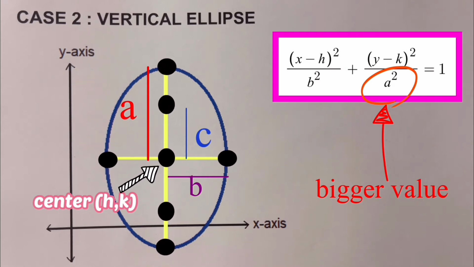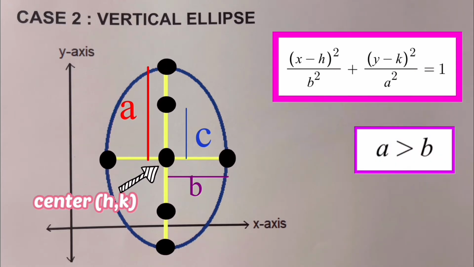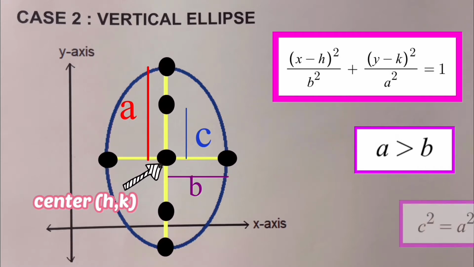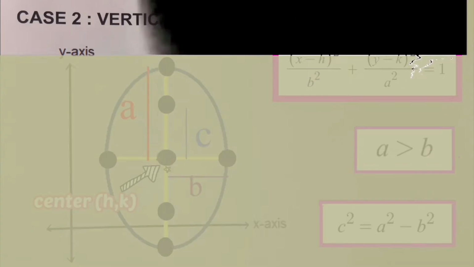Vertical means up or down, so it is placed under the y. We also remember that a is always greater than b, and the formula that relates a, b, and c is c squared equals a squared minus b squared. So these are the parts of every ellipse, and these are the two cases of every ellipse, the vertical and the horizontal ellipse.